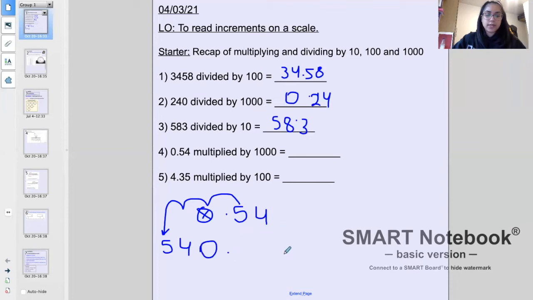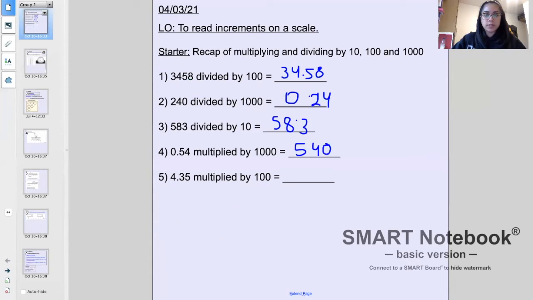And we don't have any numbers here. So our answer would be 540 for that one. And hopefully if you applied the same method, you would have got, for question 5, 4.35 multiplied by 100, you should have got 435. Well done, everybody. Now let's move on to the big question.